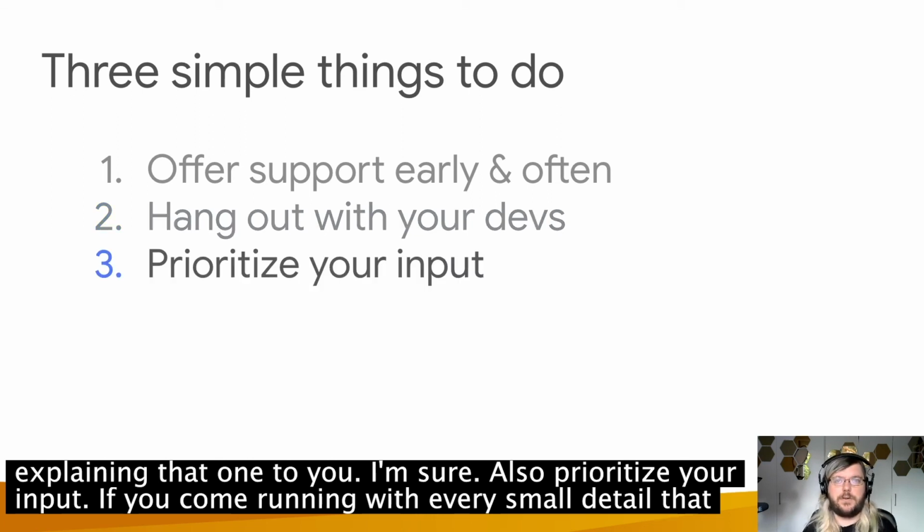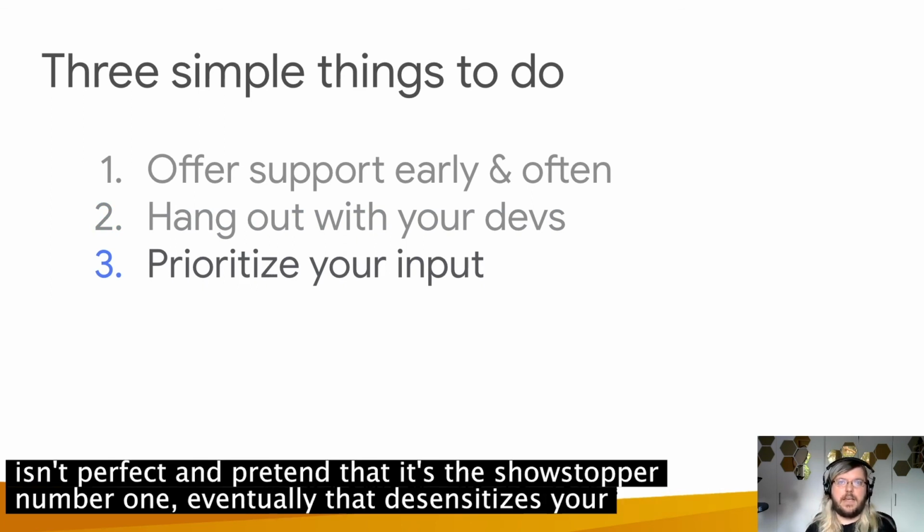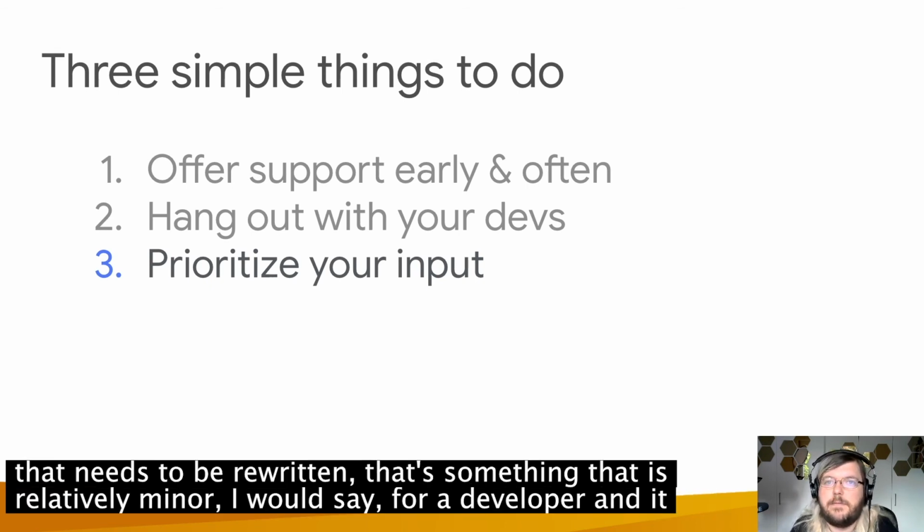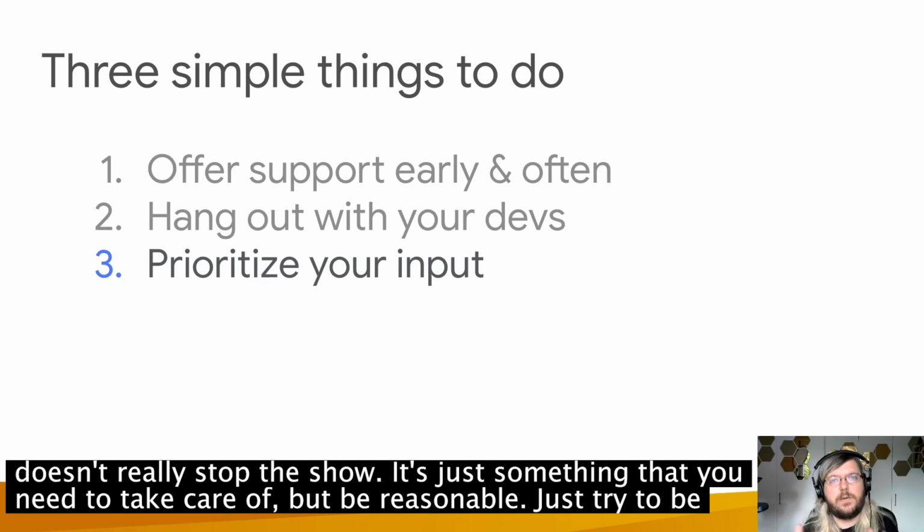Also, prioritize your input. If you come running with every small detail that isn't perfect and pretend that it's the showstopper number one, eventually that desensitizes your developers. If it is a showstopper, call it out as such. But if it's just a non-optimal meta description or a title tag that needs to be rewritten, that's something that is relatively minor, I would say, for a developer, and it doesn't really stop the show.